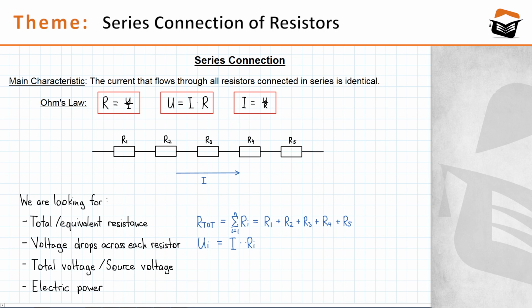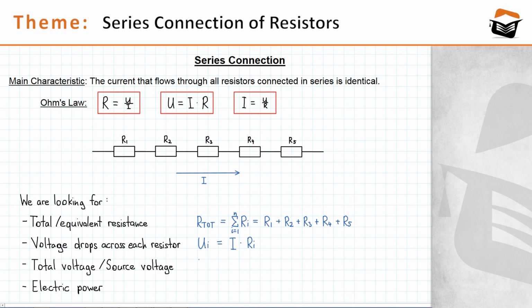The total voltage you can get if you add up all voltage drops of all resistances across the series connection. And the total voltage, therefore, will correspond to the voltage of the voltage source, or we call it the source voltage.